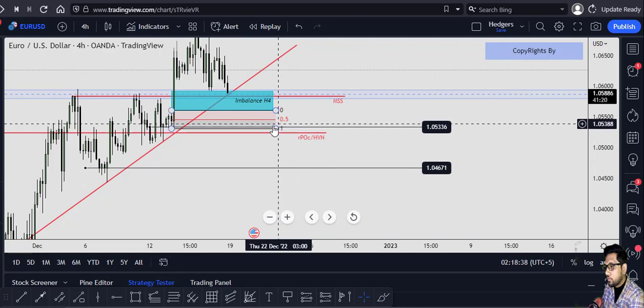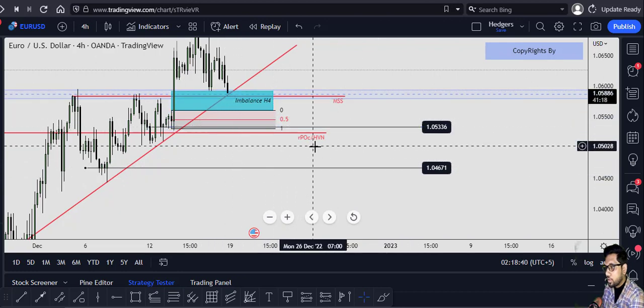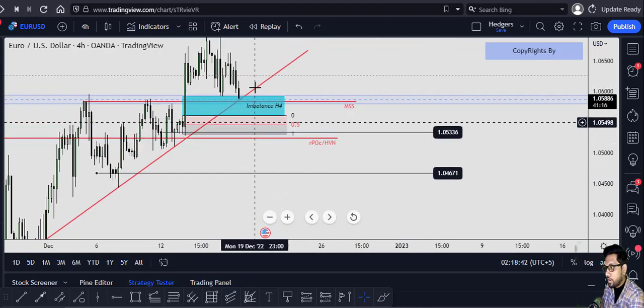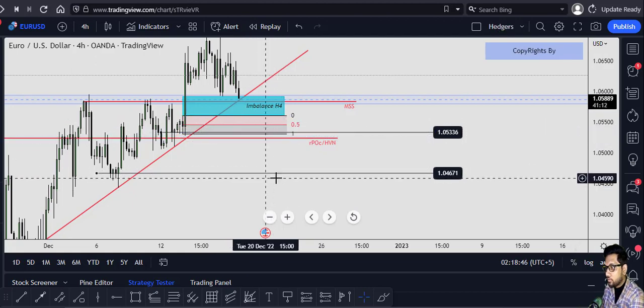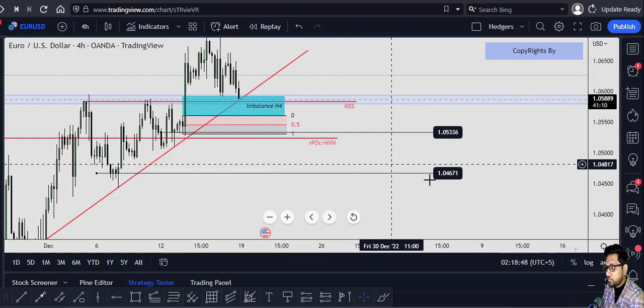These two are the level of interest for Euro USD for a bounce from 1.053 and 1.046.